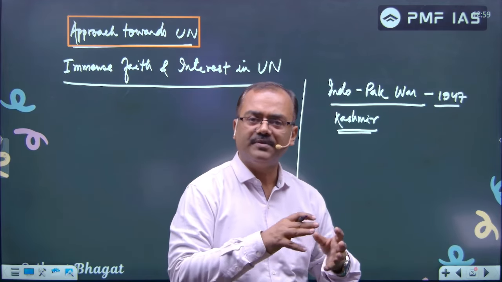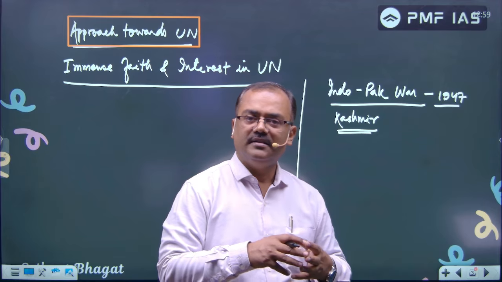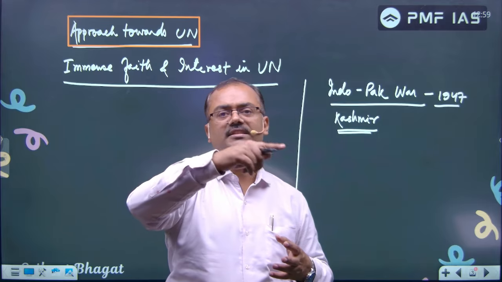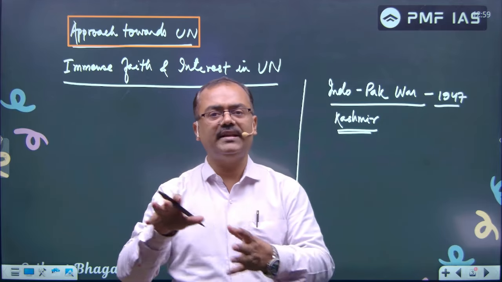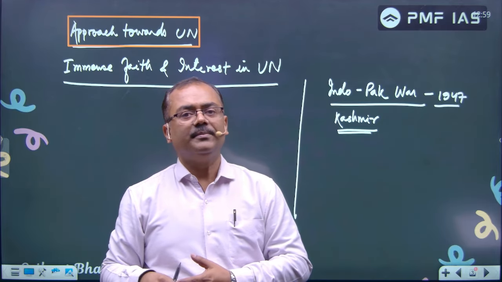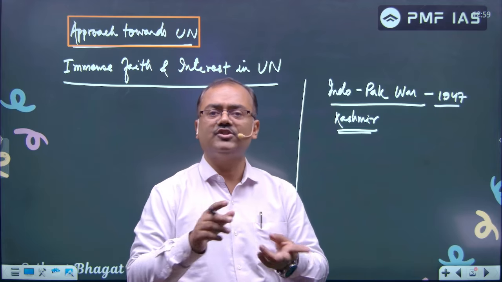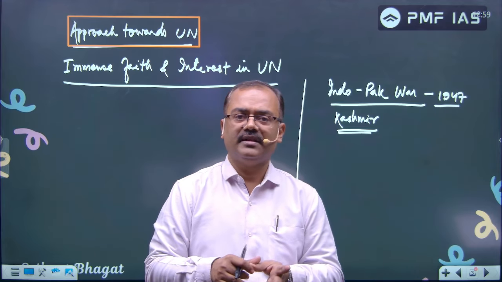As per the terms of the partition, the territory which is Raja Hari Singh's territory should be India's territory, because Raja Hari Singh signed the instrument of accession in favor of India.